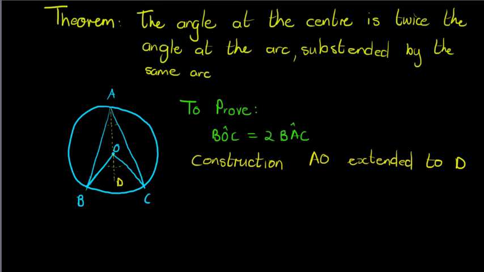The reason why I extended this is because I created two triangles here, okay? And I extended it so that I can work with the outside angle of the triangle. Can you see? I've got triangle AOB and an angle BOD is an external angle of the triangle AOB.